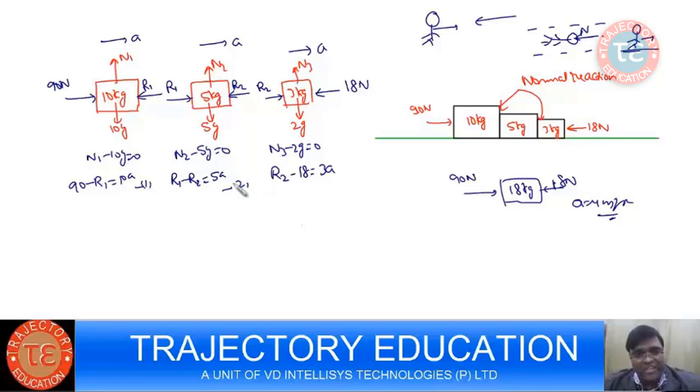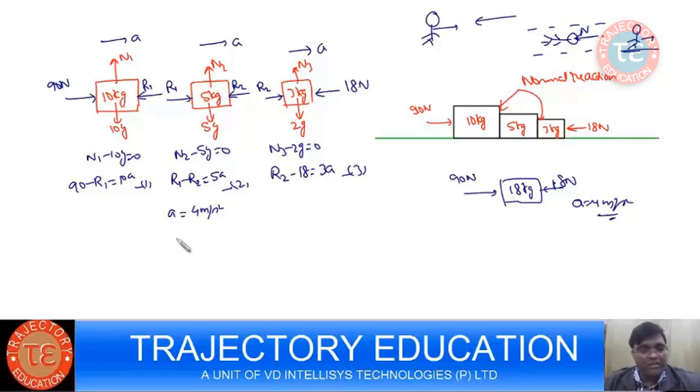Calling these equation 1, 2 and 3, if I add all three equations, R1 and R2 will cancel out, and you get a equal to 4 meters per second square.